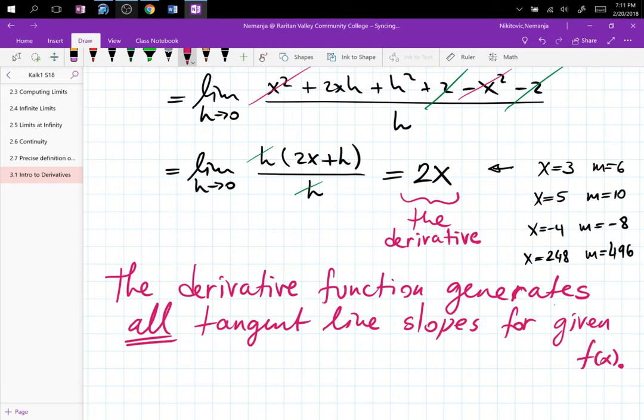That's what the derivative is. And the way to find it is through the limit of the difference quotient.